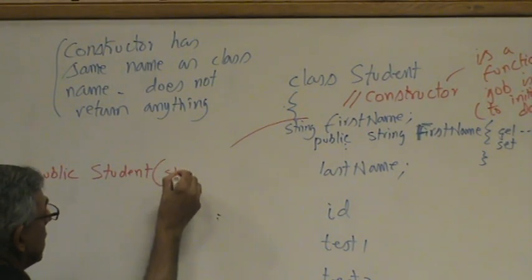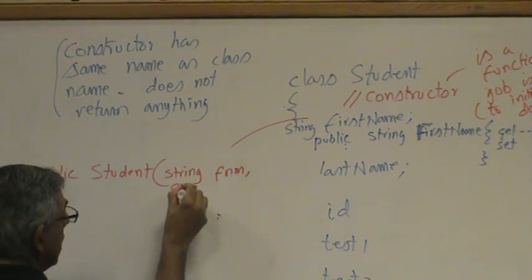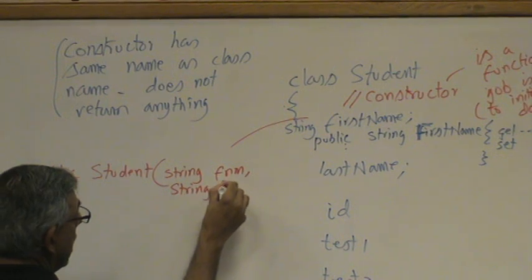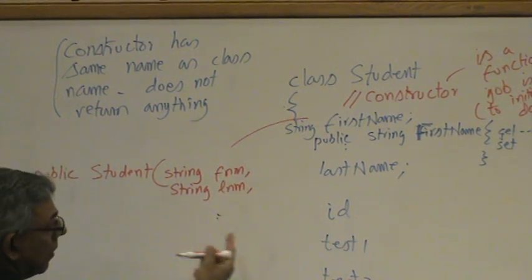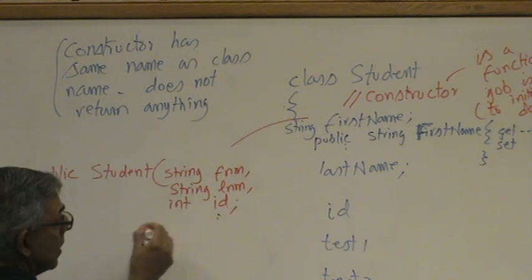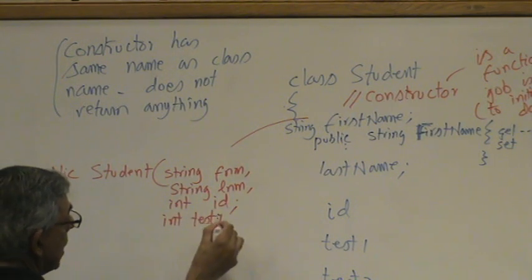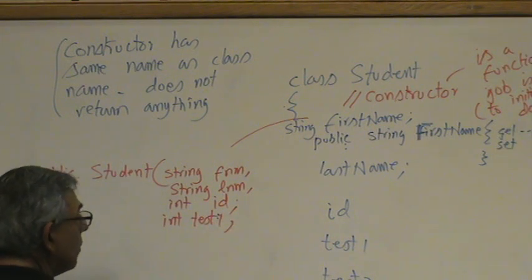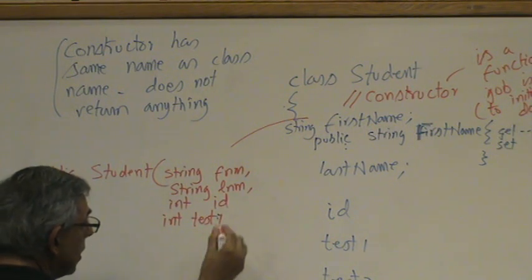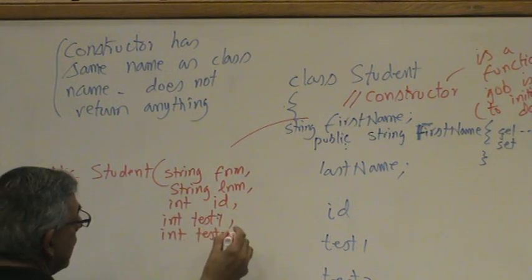So we can say string, for example, FNM, string LNM. ID was an int, we can say int ID. Int test1, sorry, all of these are comma separated. And int test2.